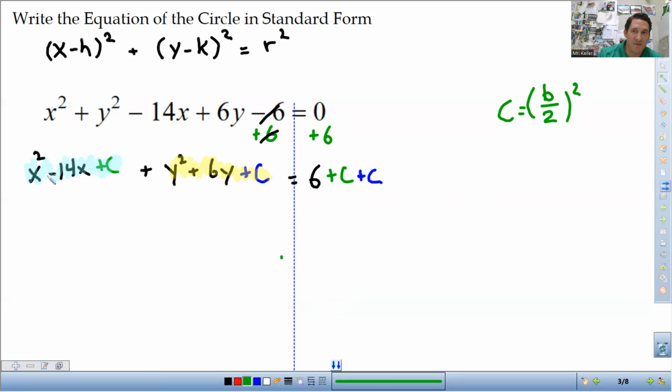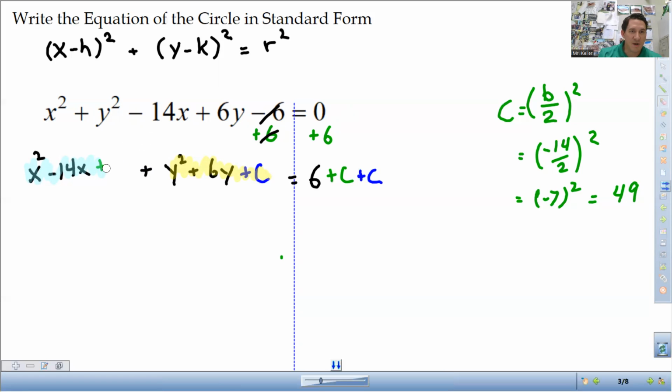So half of the b value here, the b value is negative 14. So it's going to be negative 14 divided by 2, squared. Negative 14 divided by 2 is negative 7, and that's 49. I'm going to add 49. Change the green c to a 49.